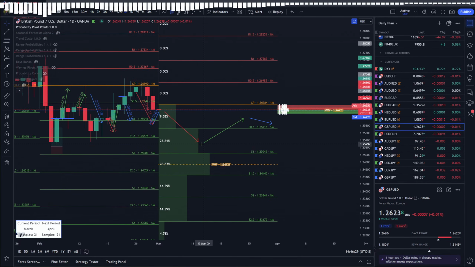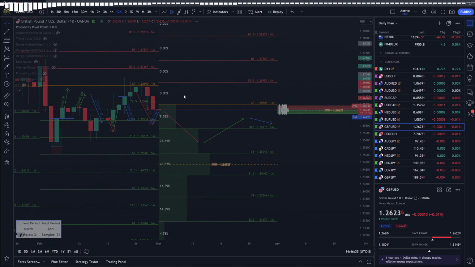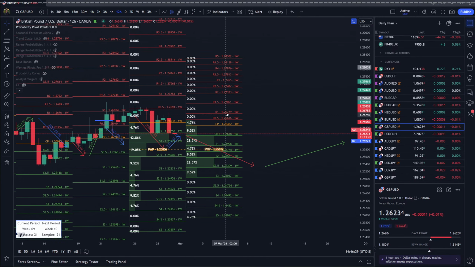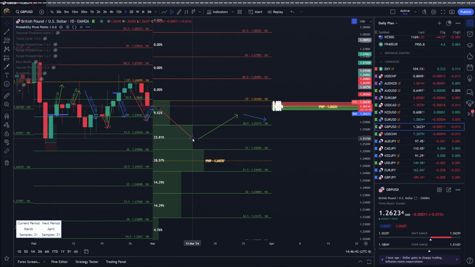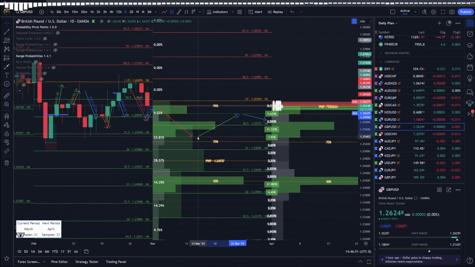I'm a bit more bearish on the Great British Pound here. Let's actually look at this thing on the week. Yeah, that is quite bad. Okay, something along those lines.